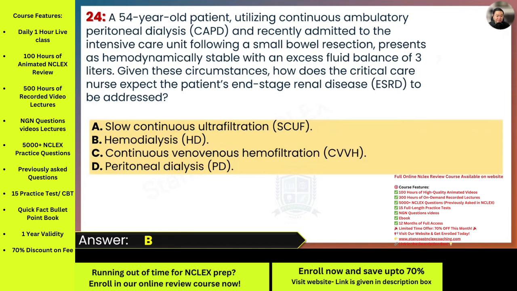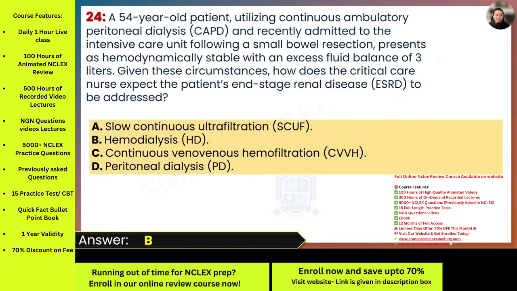This is the CVVH. This is used for those patients who are hemodynamically unstable, those patients who have low blood pressure, or those who are in shock, and if they need fluid removal. But in our case, the patient is hemodynamically stable, so the CVVH is not necessary this time.